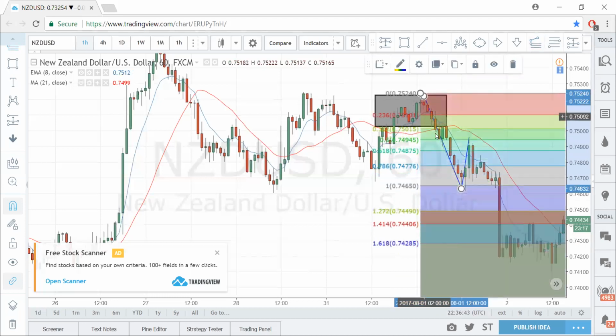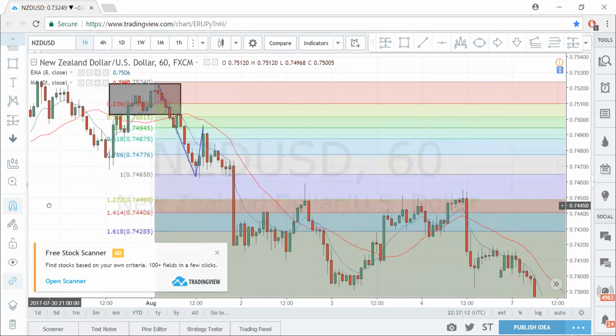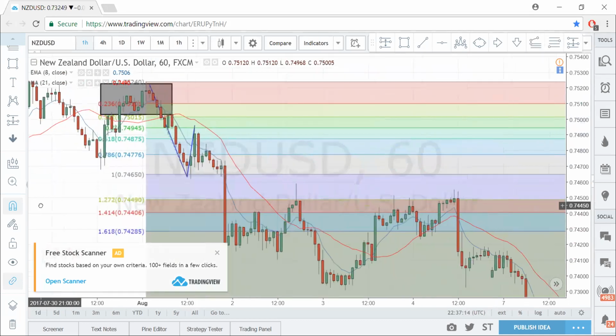Now, with this being done, I am telling myself that market is going to go all the way to 1.272 in future, 1.414 or 1.618. So in other words, if I am selling, I know that this is my future take profits where markets would go to, and it always happens. Do you see it?